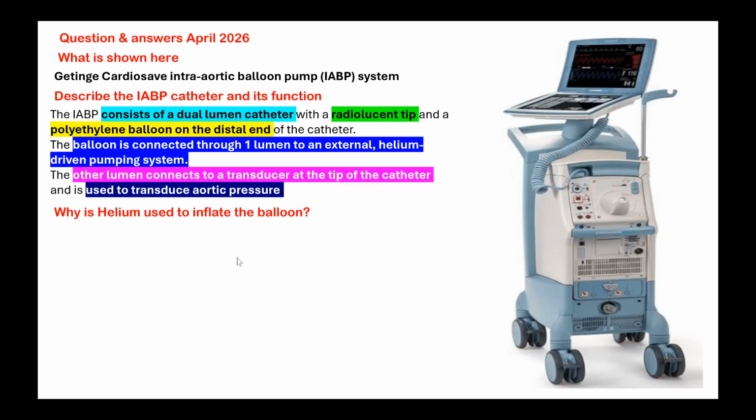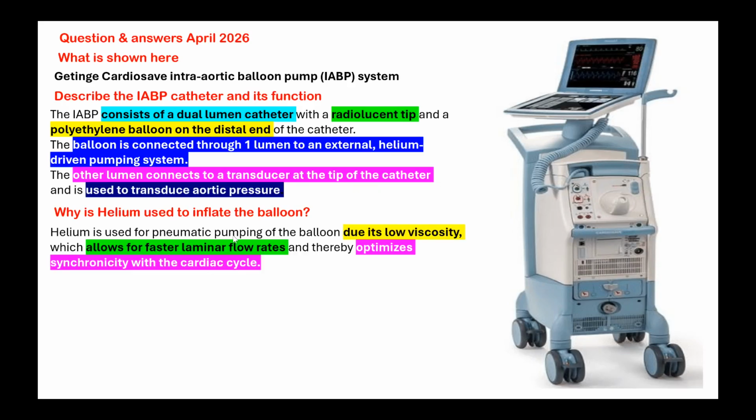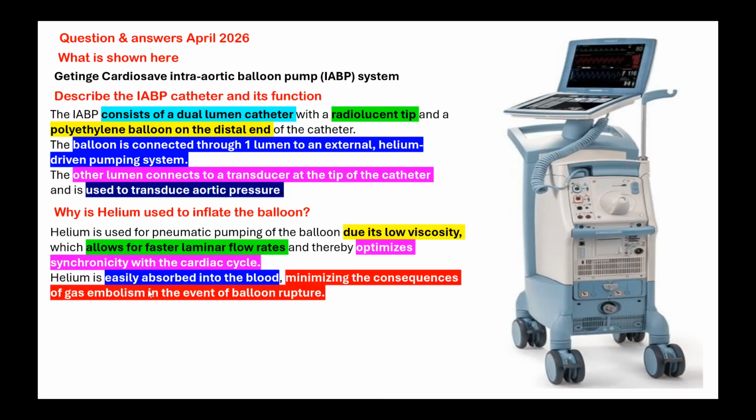Later on, when helium was introduced, it was used for pneumatic pumping of the balloon due to its low viscosity, which allows faster laminar flow rates and thereby optimizes synchronicity with the cardiac cycle. That is number one. And helium is easily absorbed into the blood, minimizing the consequences of gas embolism in the event of balloon rupture also. So gas embolism will not happen.